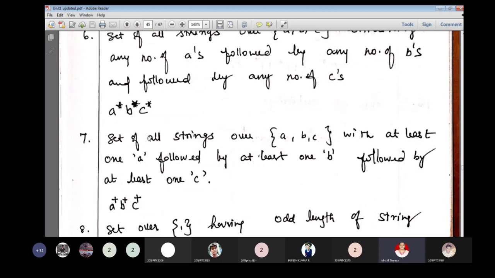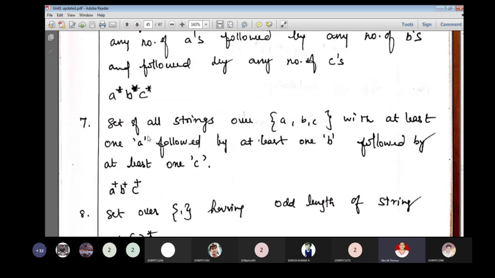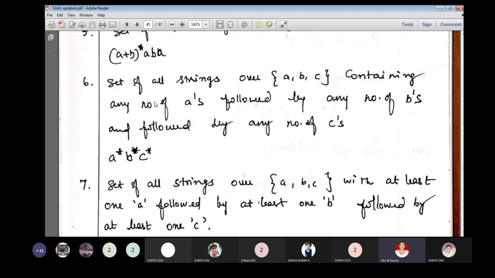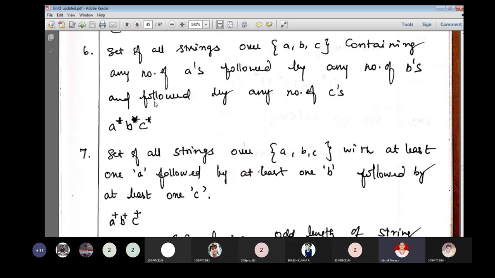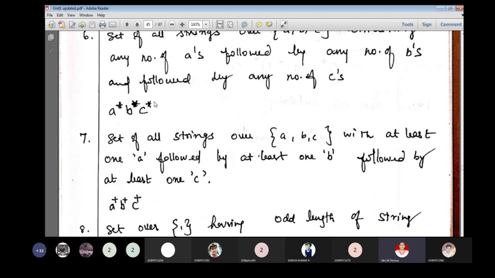Clear? Next, set of all strings over A, B, C with at least one A followed by at least one B followed by at least one C. See the difference. Here any number of A's followed by any number of B's followed by any number of C's. But here at least one A followed by one B followed by one C. So at least one, in the sense one or more.